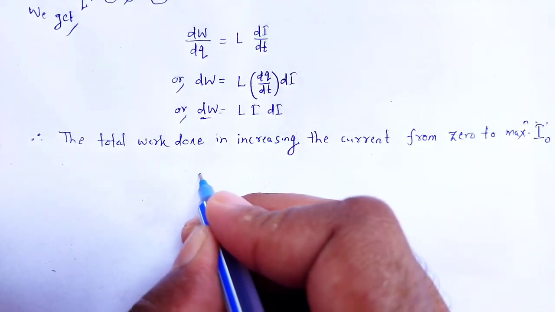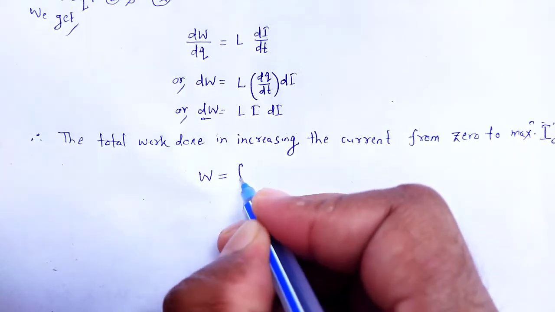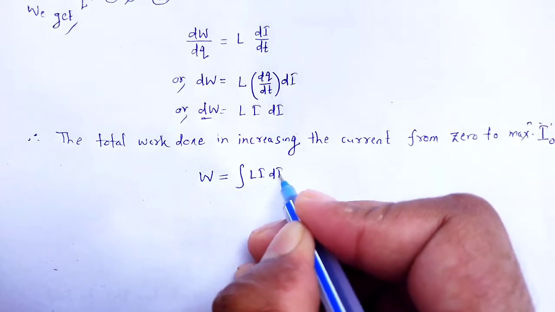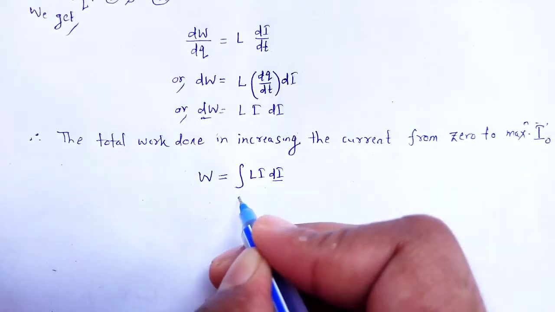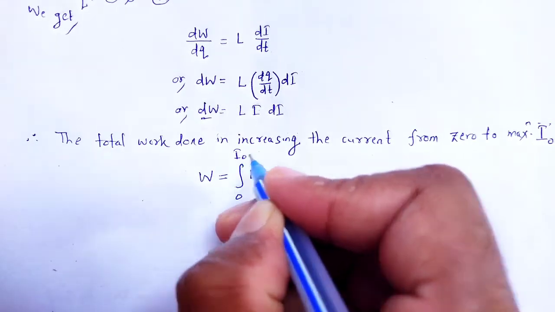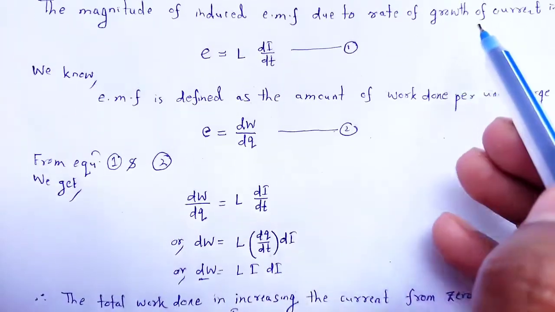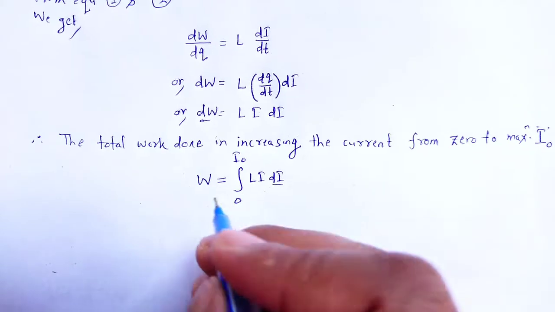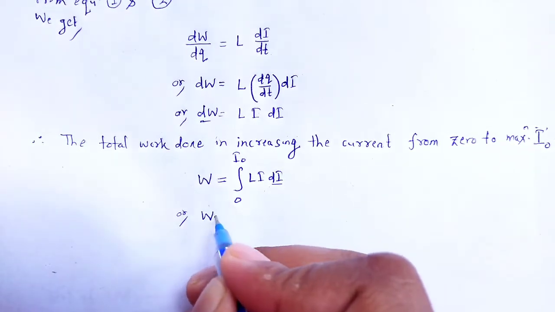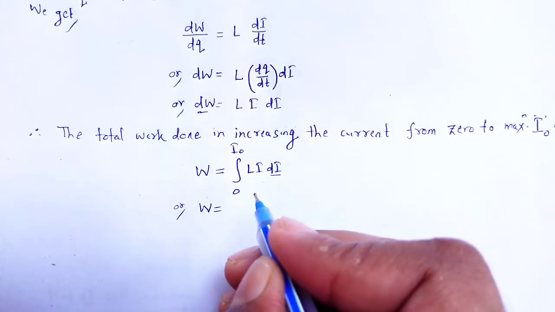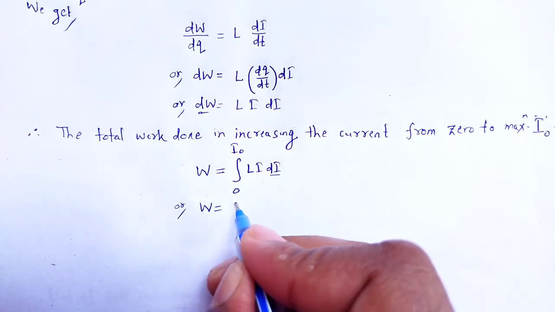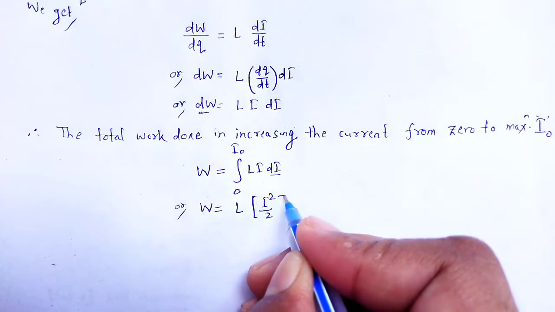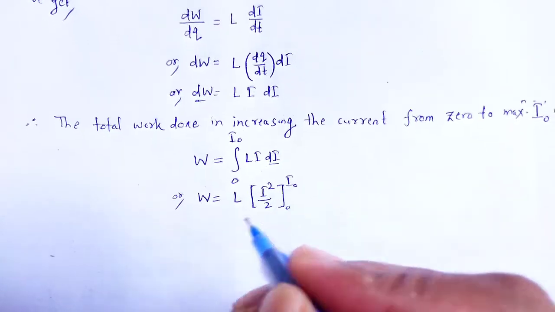So W is equal to integration of L I di, change in current from 0 to I naught, or W is equal to L into I square by 2 using limit 0 to I naught.